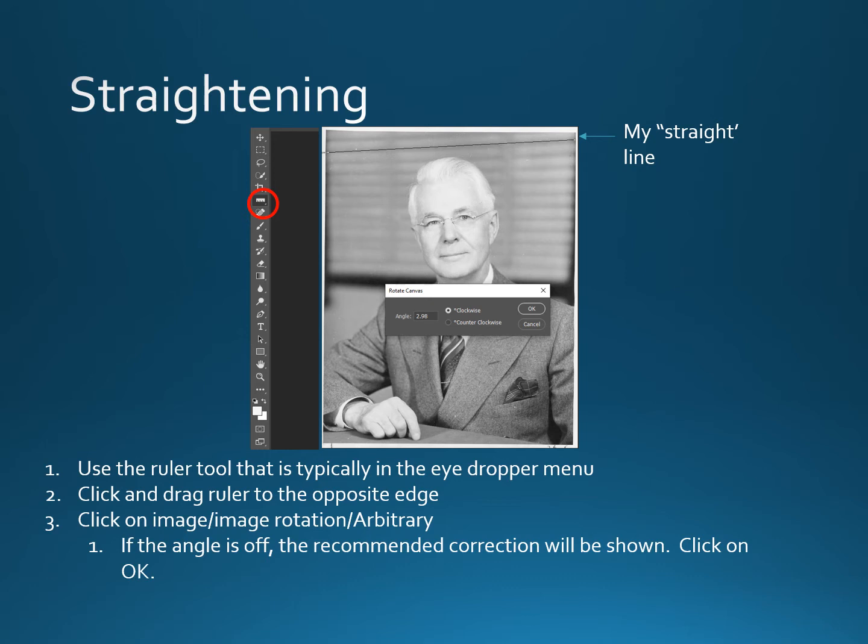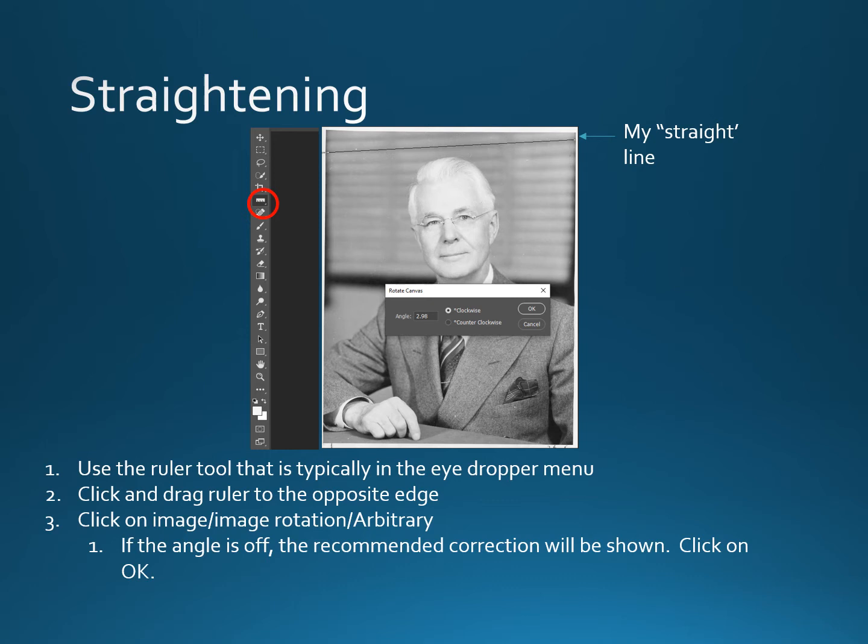So with the ruler, you start at one edge of the line, whether it's horizontal or vertical, and you drag it to the other end, and you can see my straight line here.